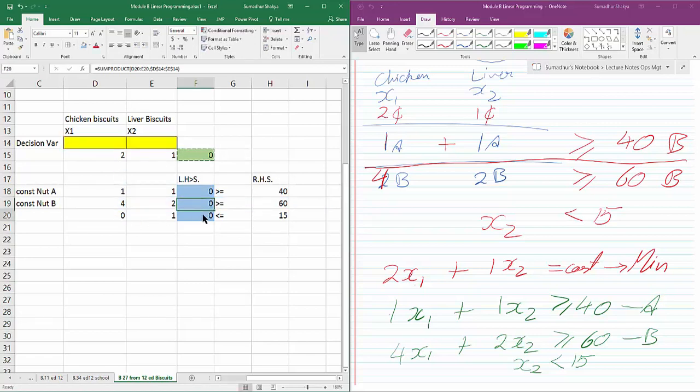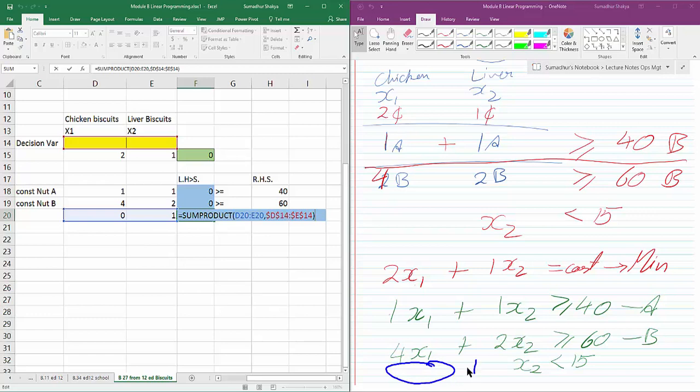Now what it does for this one is 0 times x1 is 0. Okay, so that is for this one here. Since we have nothing for x1 here, but 1 times x2, x2 is coming from the top here, from the decision variable.